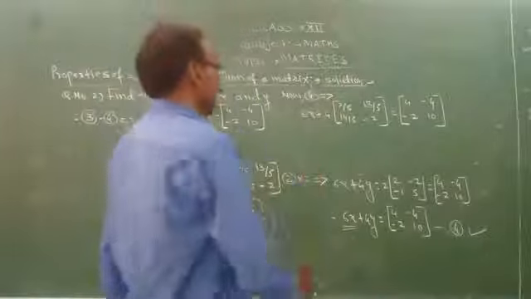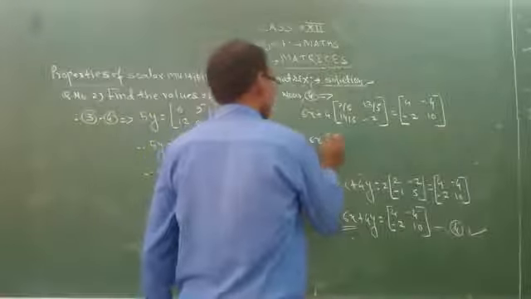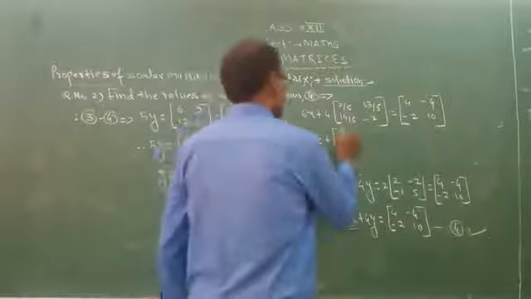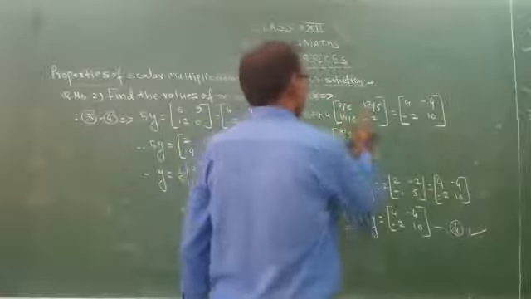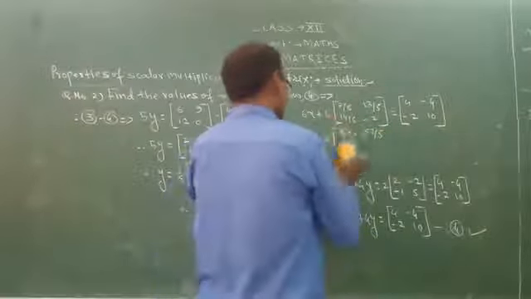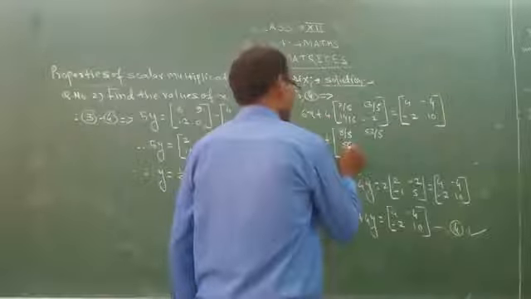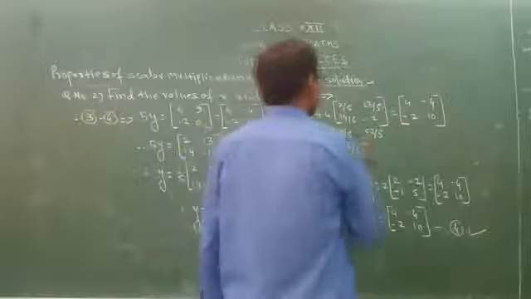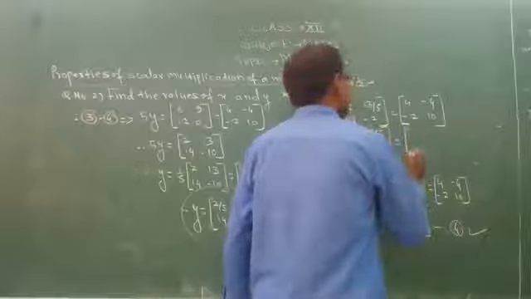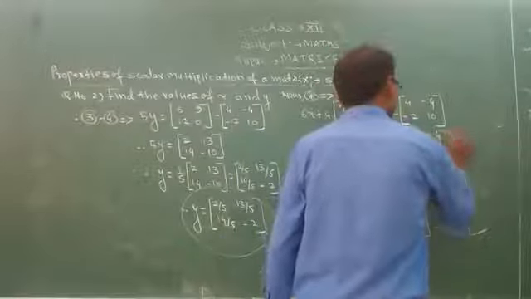Now solve for x. Multiply this matrix by 4: 8 by 5, 52 by 5, 56 by 5, and minus 8, equals 4, minus 4, minus 2 and 10.